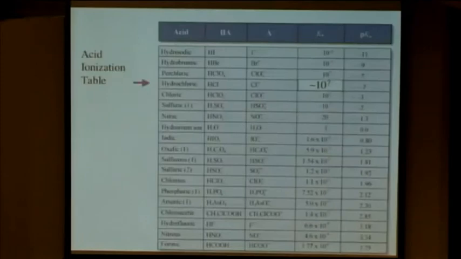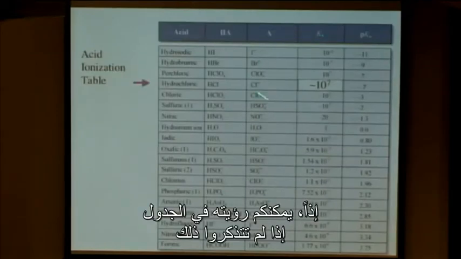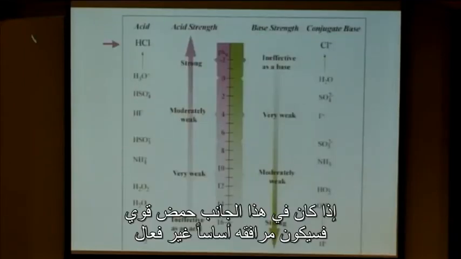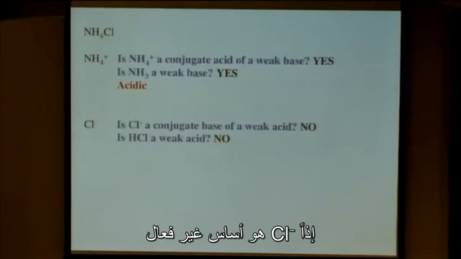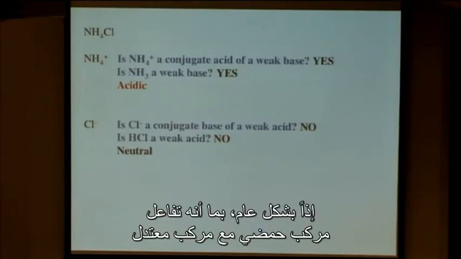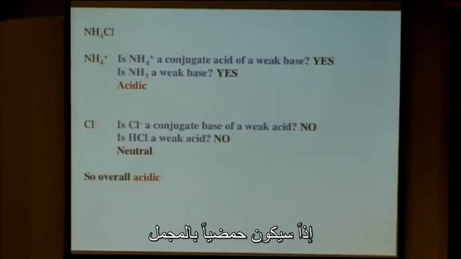No. So we could look it up if you didn't remember it. 10 to the 7th, definitely not weak, very, very, very strong acid. And if something is a strong acid, its conjugate is ineffective as a base. So Cl minus is ineffective as a base, so it's going to be neutral here. So overall, you have something that's going to be acidic with something that's going to be neutral. So overall, it'll be acidic.